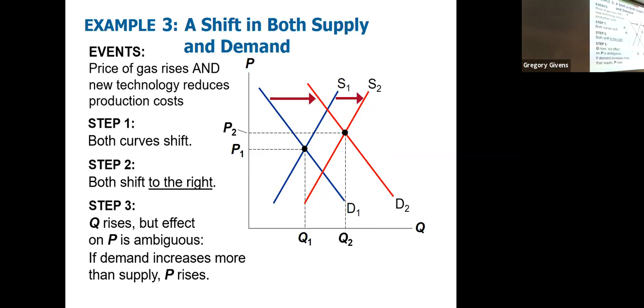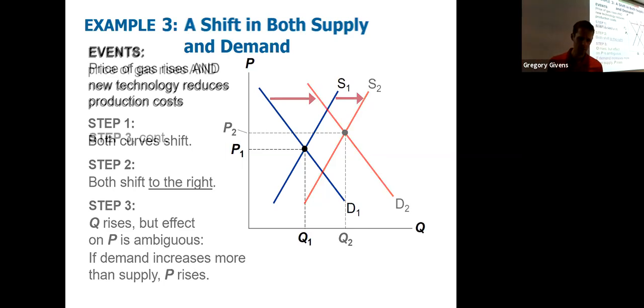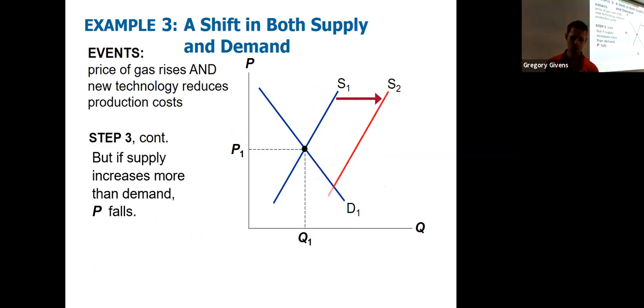Not necessarily in different order, but by different magnitudes, amounts, right? Here in the picture, what have I done? I've got the demand curve shifting by a lot and the supply curve by not as much. When that happens, prices rise and quantities rise. But what would have happened if instead the supply of electric cars was really sensitive to this improvement in technology?